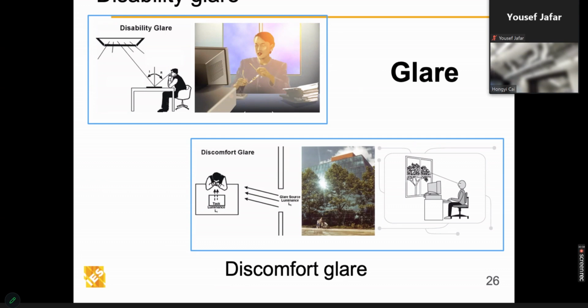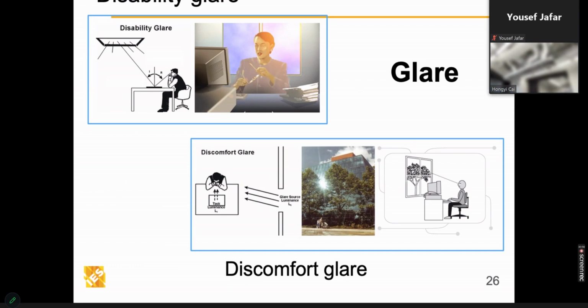Because the sun comes in and there are no controls, you just have the problem of disability glare anyway. If you sit downstairs, you will experience this kind of disability glare. You will also have discomfort glare problems as well.